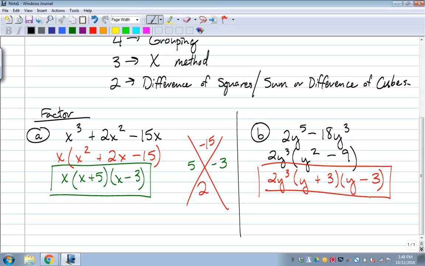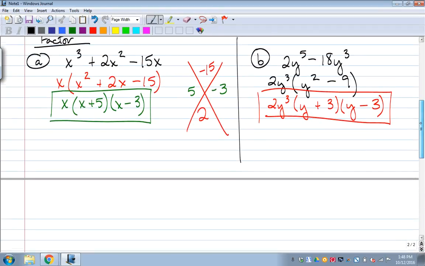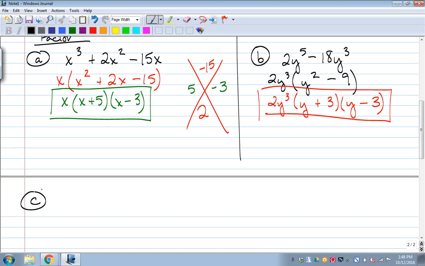All right. Not bad. Sample C. Let's say we had 4x to the 4th minus 16x to the 3rd plus 16x squared.